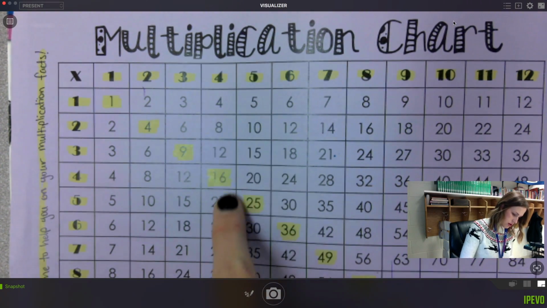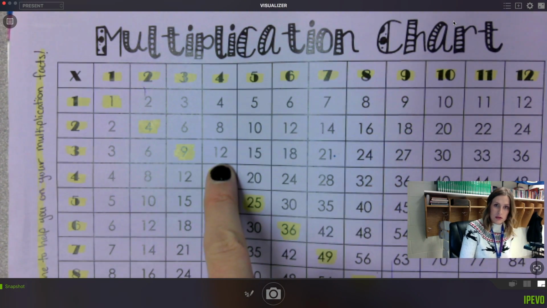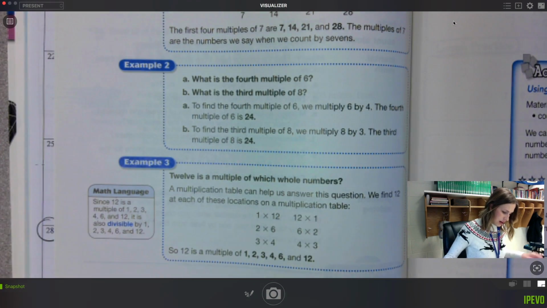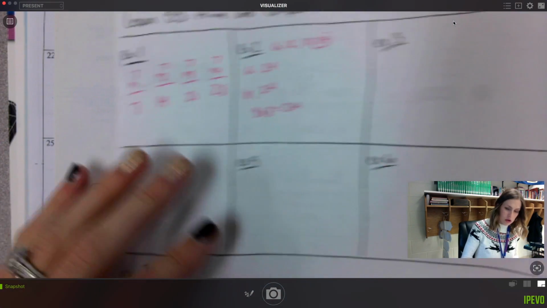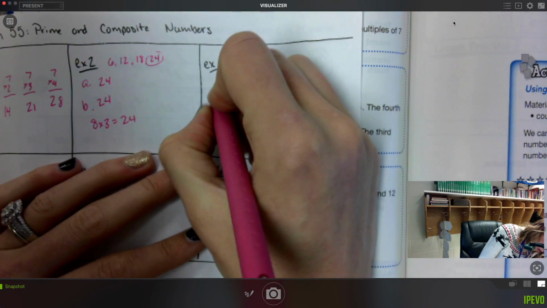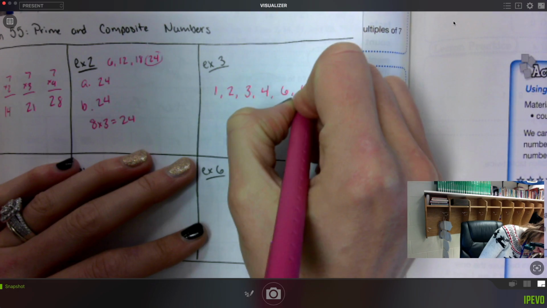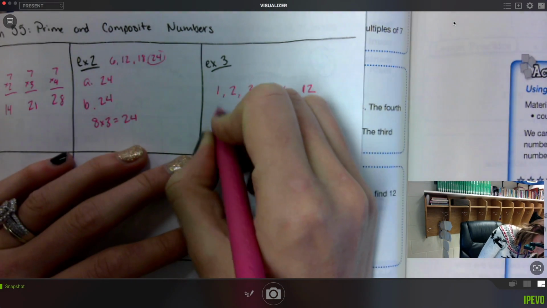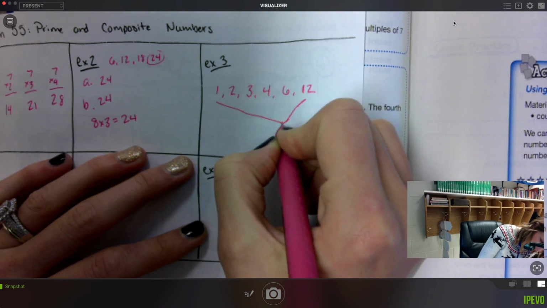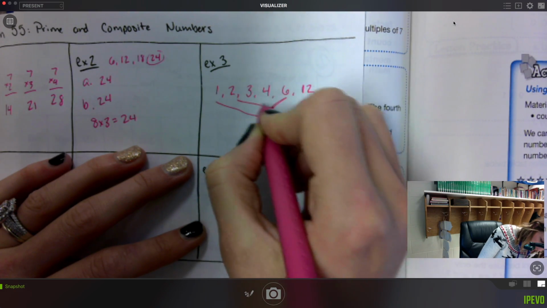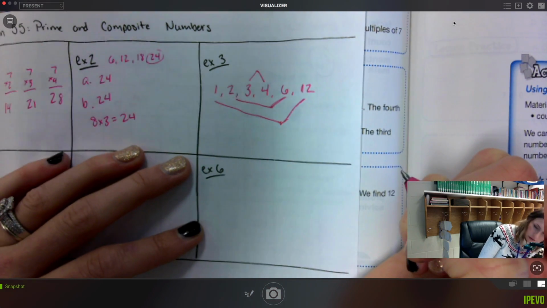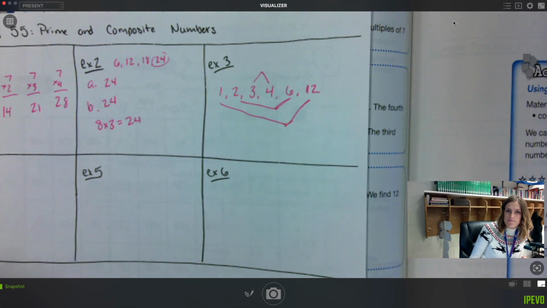And 3 times 4. Okay, so we say 12 is a multiple of 1, 2, 3, 4, 6, and 12. Why? Well, because 1 times 12 equals 12, 2 times 6 equals 12, and 3 times 4 equals 12. All right?